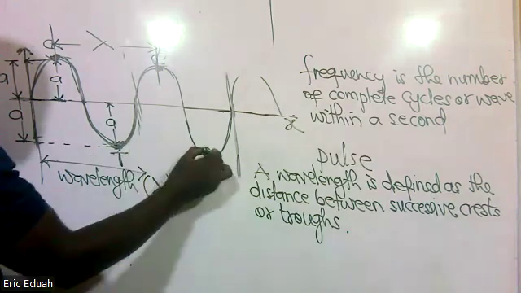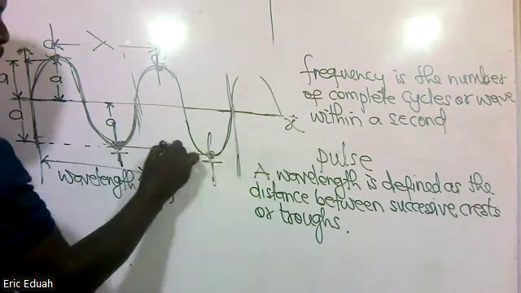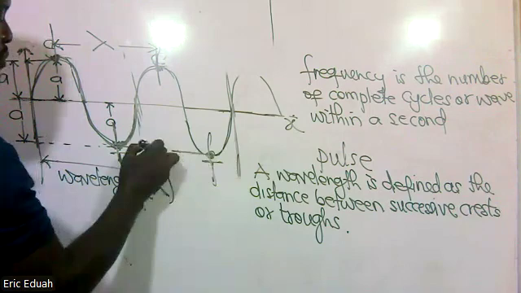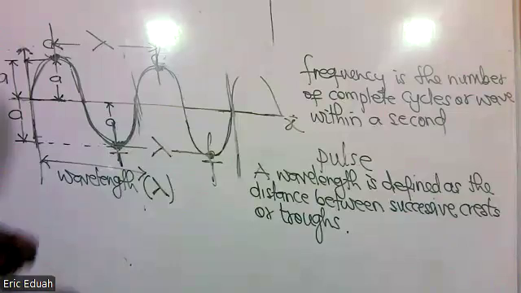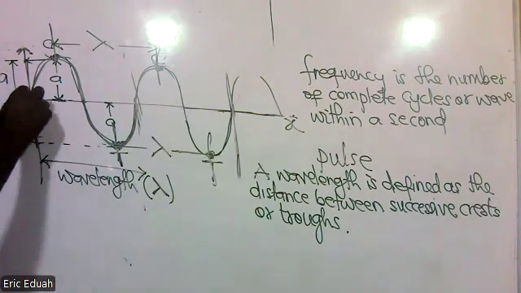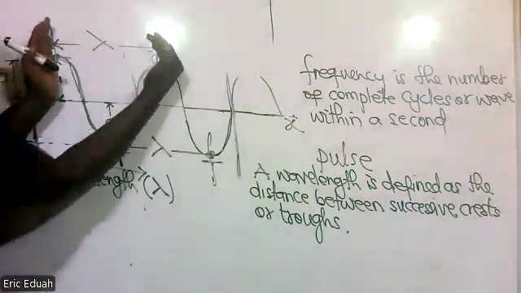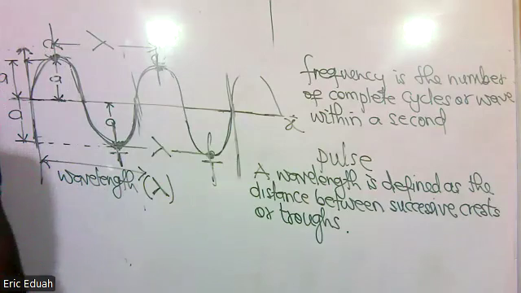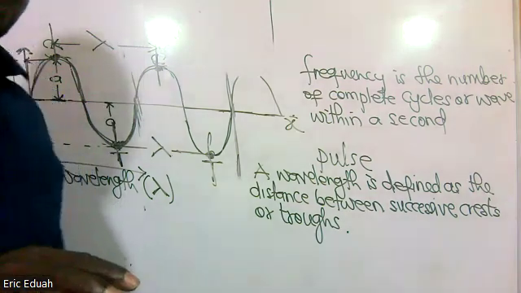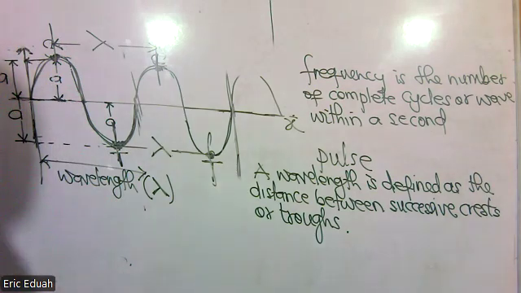These two are successive troughs, so the distance between them also constitutes wavelength. So identifying a complete wave can be one upward pulse, one downward pulse, or the distance between successive crests or successive troughs. That is how to identify a complete wave or a complete cycle.